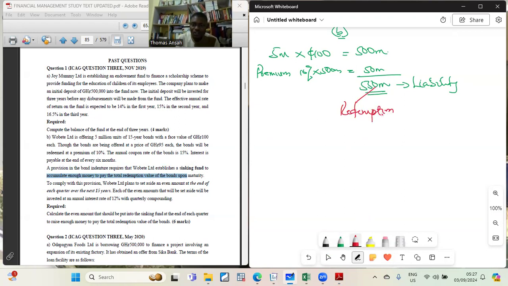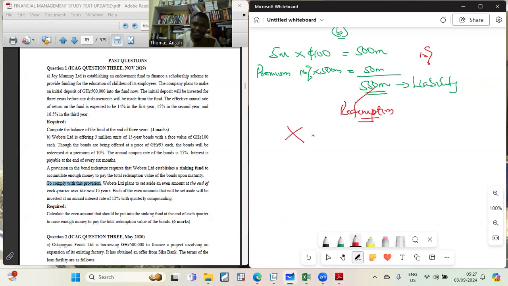All right. So our question is not on the focus of the 15% interest that is paid every 6 months. That is not the focus of the question. And it says to comply with these provisions, Oberty Limited plans to set aside an even amount at the end of each quarter.